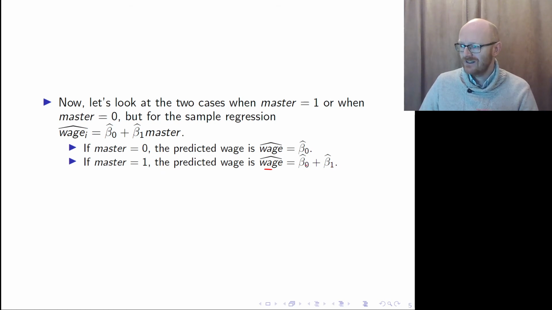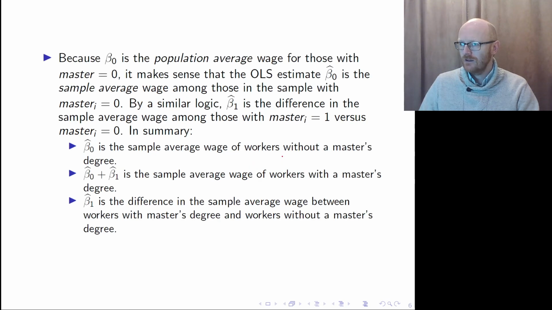The sample average of no master plus the difference between no master and master, the sample difference. And for those who do not have a master's degree, the predicted wage is just beta naught hat.